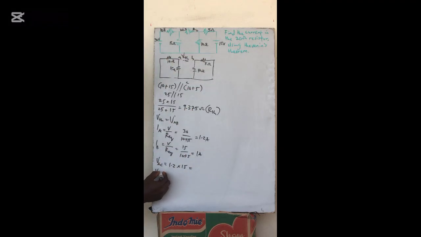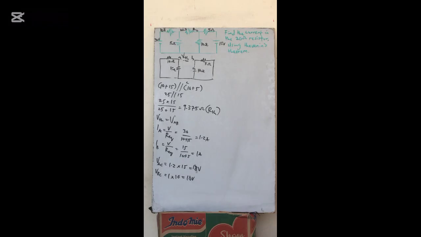So for VBC, it's going to be the current, which is 1, multiplied by the resistance there, which is 10. This one will give us 10 volts. This will give us, in our calculator, 18 volts. So now we've gotten VAC and VBC.